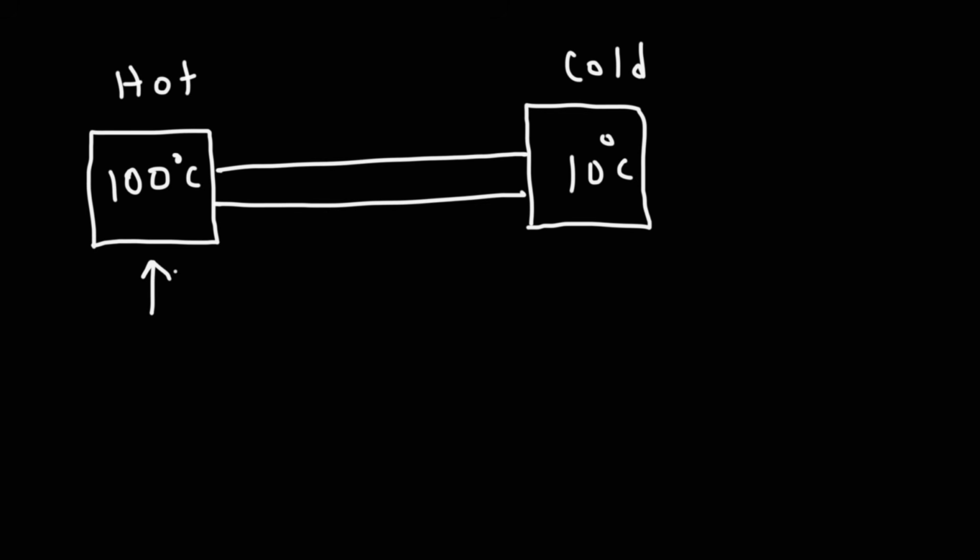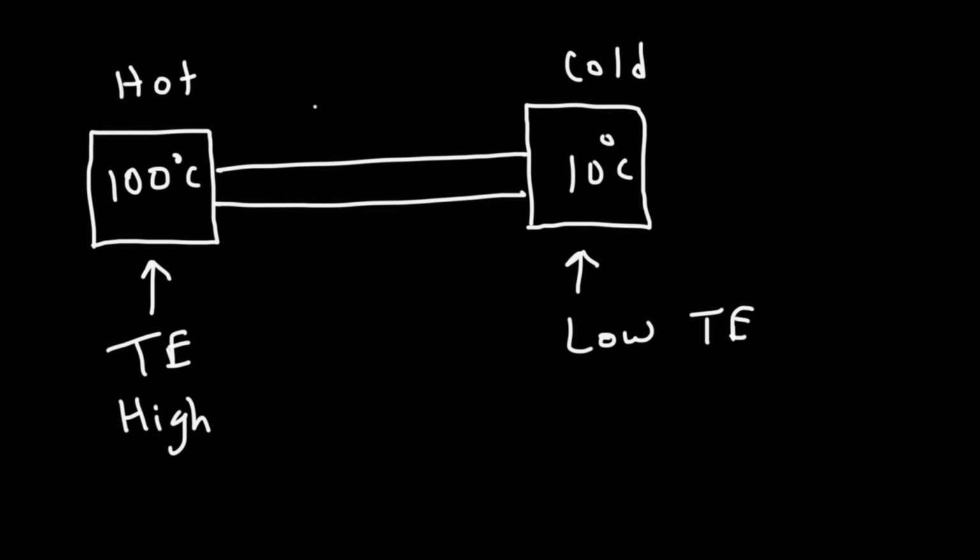So here we have a region of high thermal energy. Here we have a region of low thermal energy. Heat is going to flow from hot to cold. Heat is the flow of thermal energy. And that's usually how energy will typically flow. It usually flows from something high to something low.